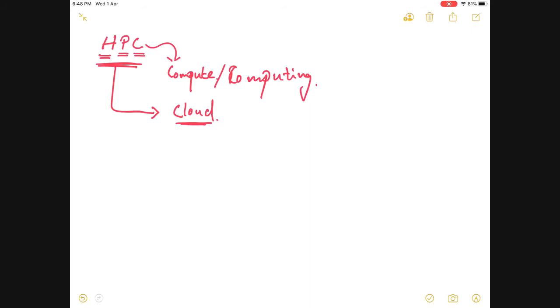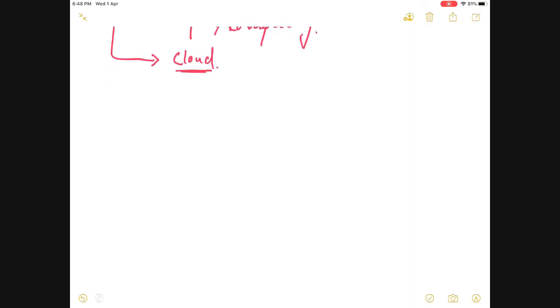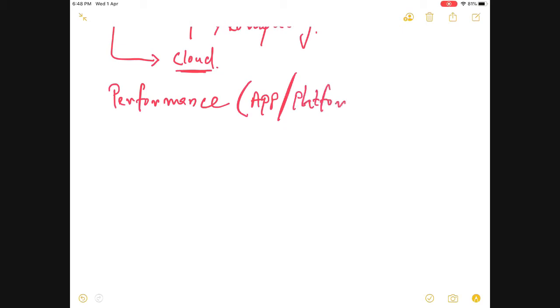Now, how is performance prediction for HPC supposed to be done on cloud? Or first of all, what is the requirement for performance prediction? The moment we talk about performance of any application, platform, or at the max an infrastructure, we have to have some sort of benchmarks defined. Okay.